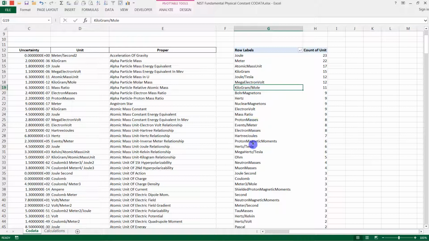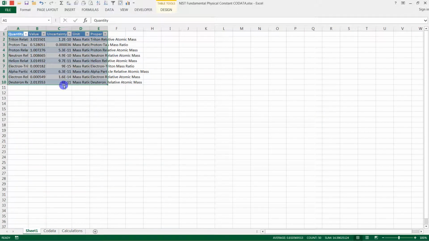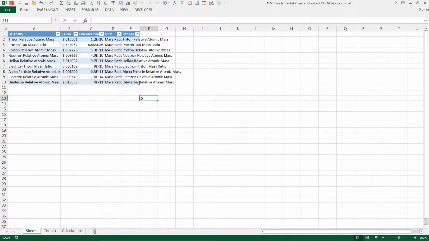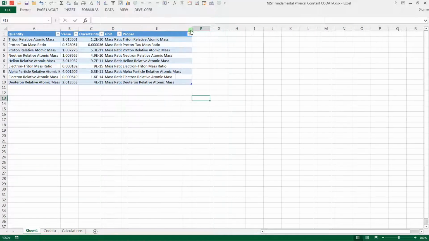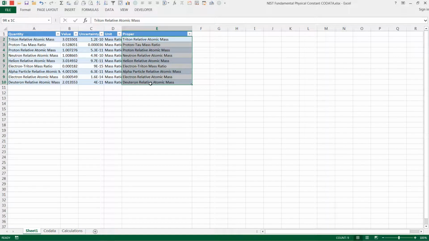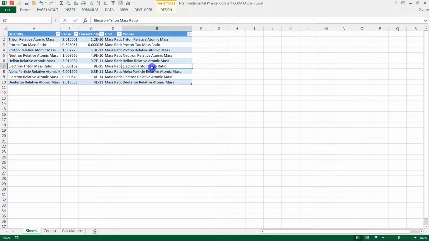Proton masses, there's some of these mass ratios, and I double click the number, and so these are some relative masses, and I'll go in and check the definition on those and get it down. I think what that is, it's the electron. This one would be in triton mass ratio, so that can be fixed.